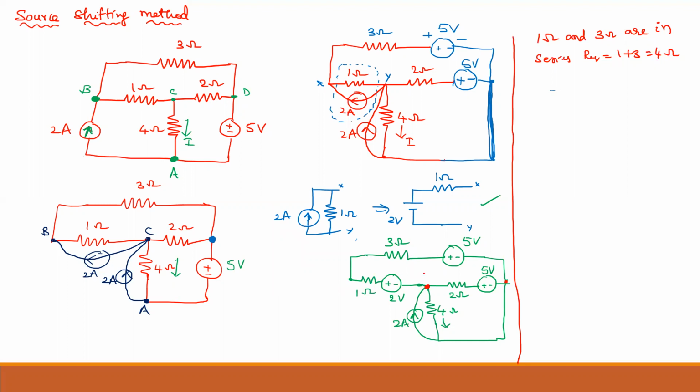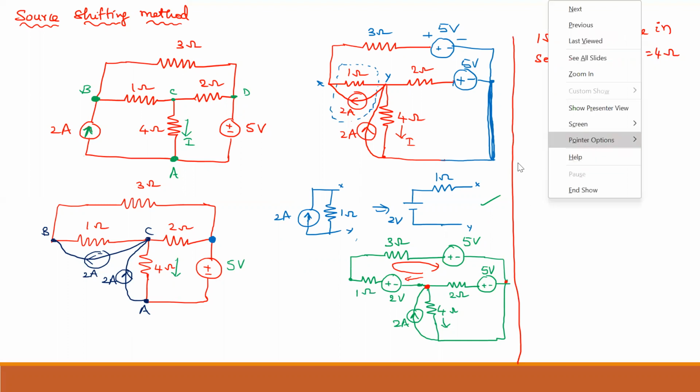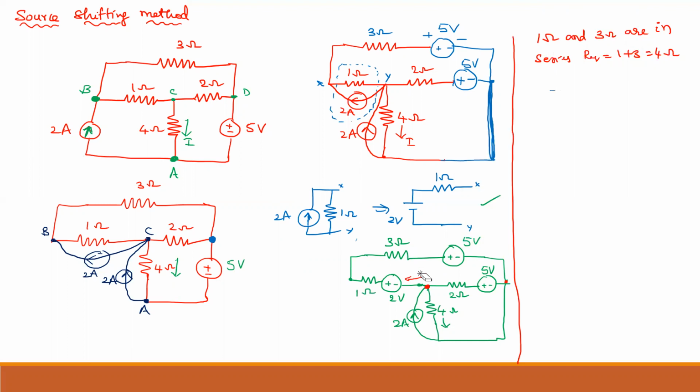Now if you see that, I'm just walking in one direction. When I'm walking in this direction, first I saw the negative terminal. Then if I go here, first I saw the positive terminal. Only one direction you have to walk. When you are walking from one source to the other source, you observed that here you found the negative terminal and there you found the positive terminal.